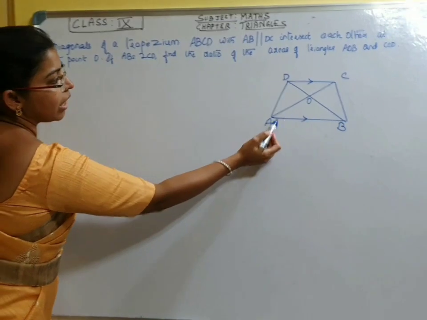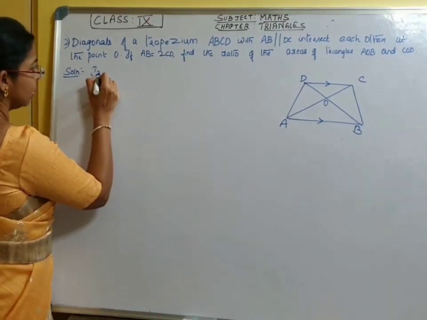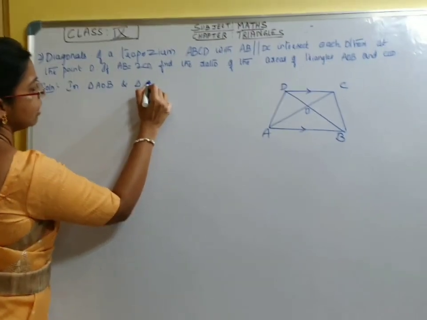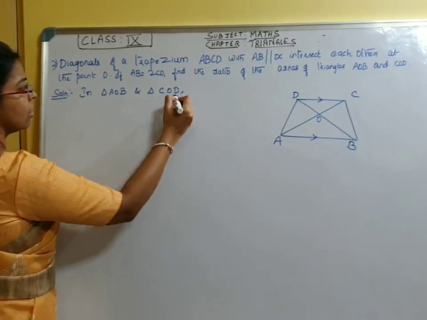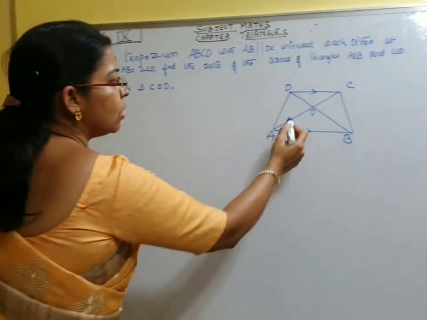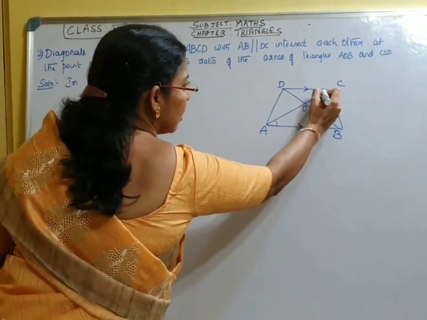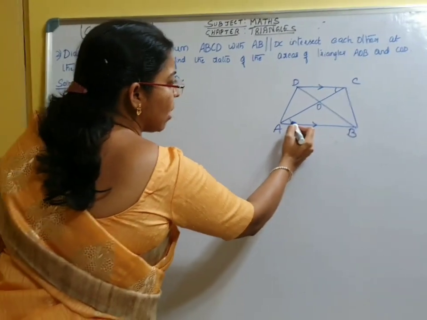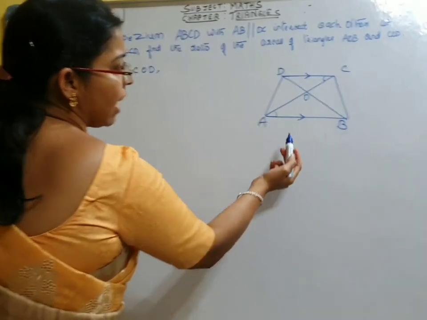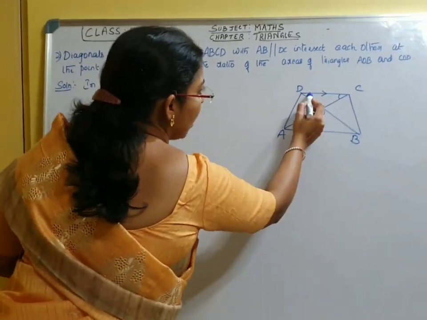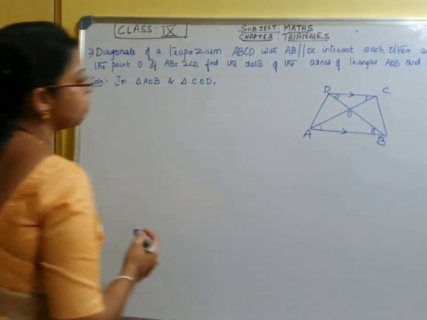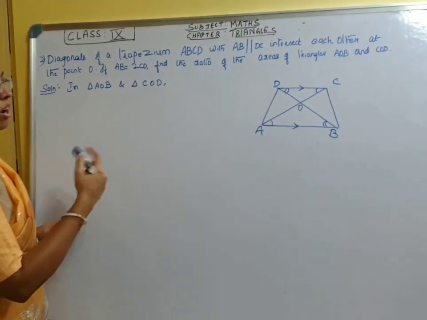In triangles AOB and COD, angle OAB is equal to angle OCD. What type of angles are these? These are alternate angles because AB is parallel to CD and the diagonal AC acts like a transversal. Similarly, angle CDO will be equal to angle ABO because of the same reason, alternate angles.